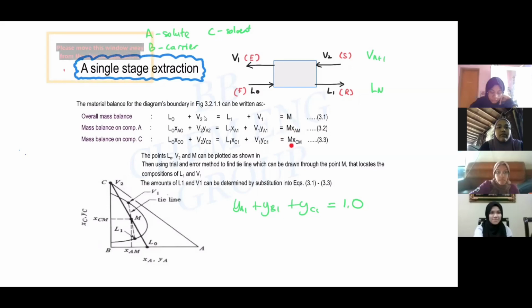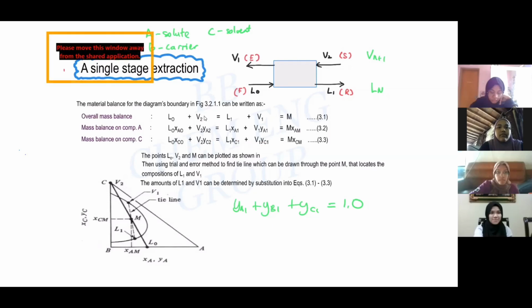So basically, even though you're dealing with overall mass balance and mass balance on components A and C, actually you have 9 equations here. You might have 9 unknowns, and you should be able to solve the 9 unknowns with the given 9 equations. Actually you have many equations to be used to solve the unknowns.